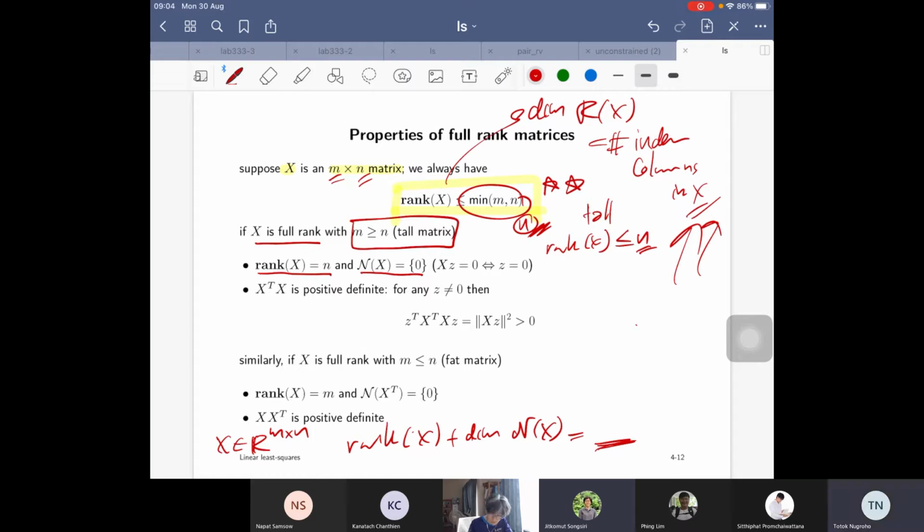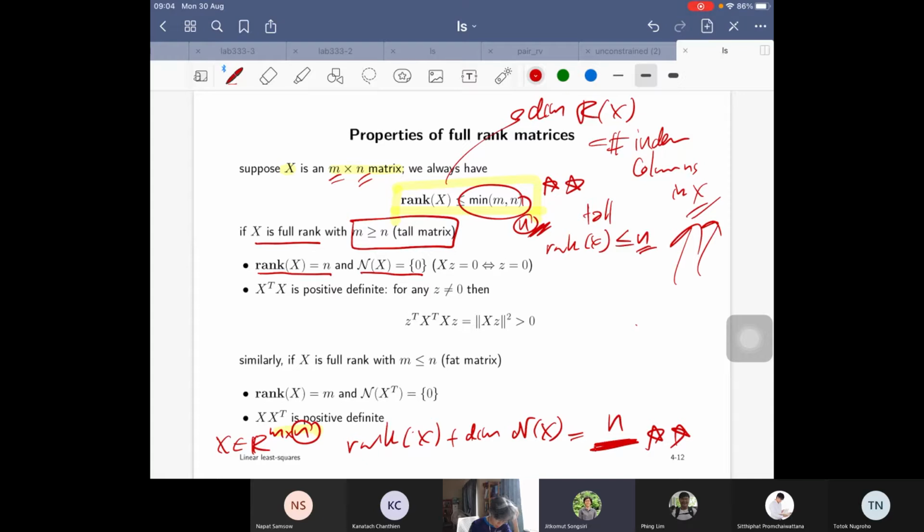I'm thinking. Okay, the rank of X plus the dimension of the null space of X will be equal to n, which is the number of columns in X. Again, review.